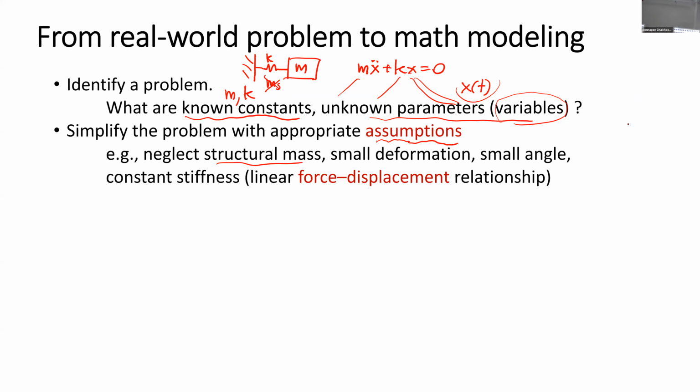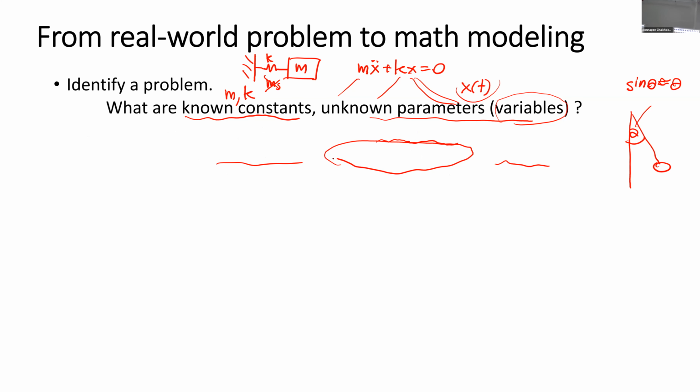Sometimes we need to apply the small angle assumption so that we can estimate the sine and cosine function of the angle. Sometimes we need to assume the small deformation. Assume the small deformation comes from here.